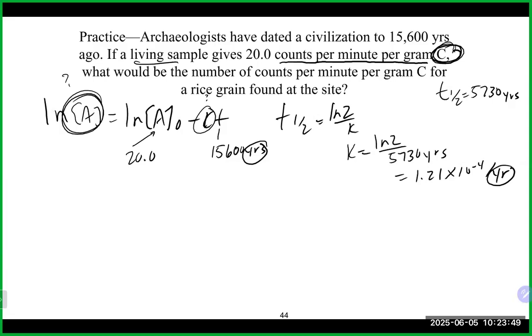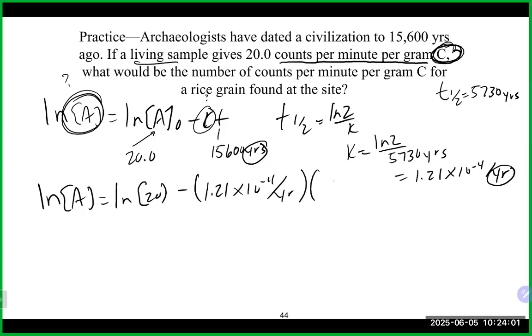At this point, we could put everything in, giving us the natural log of A is equal to the natural log of 20 minus our 1.21 times 10 to the minus 4 reciprocal years and our 15,600 years. Again, the years are going to cancel. And we'll clean up the right-hand side there. That's going to be the natural log of 20 minus our 1.21 times 10 to the minus 4 times 15,600 years.